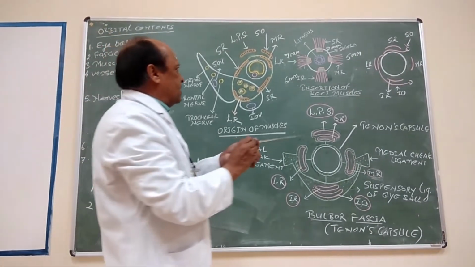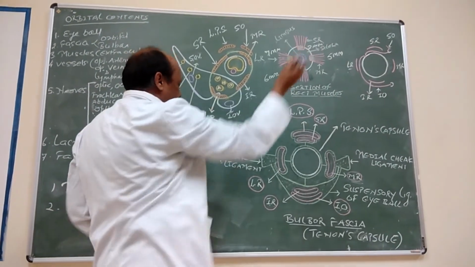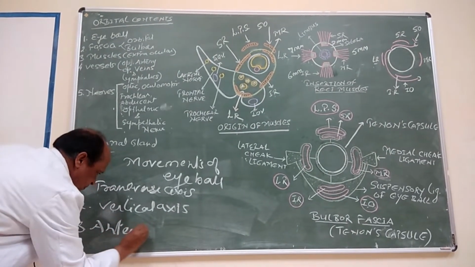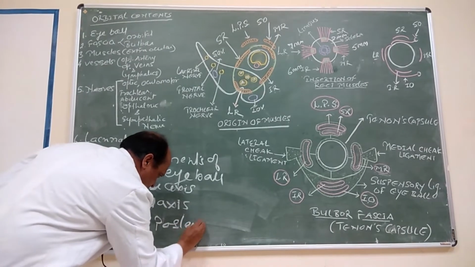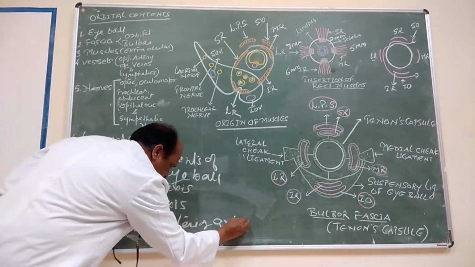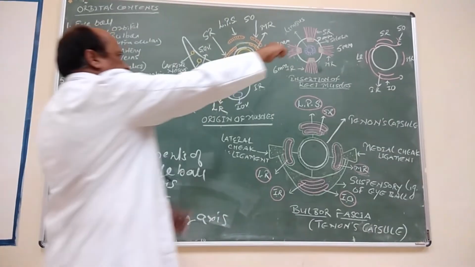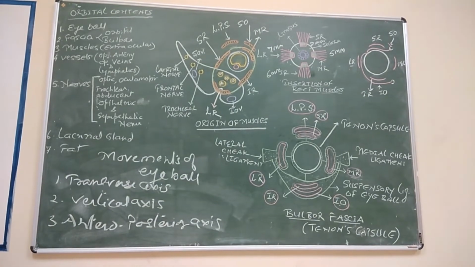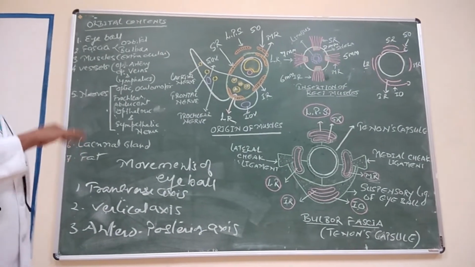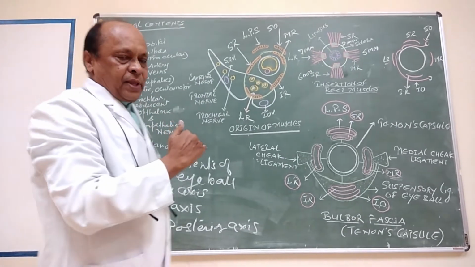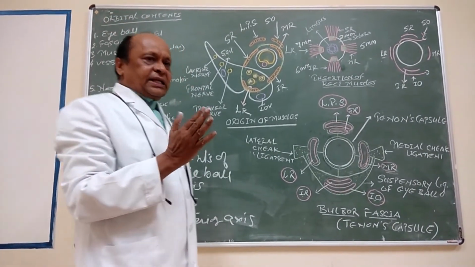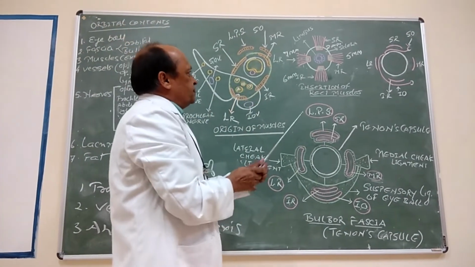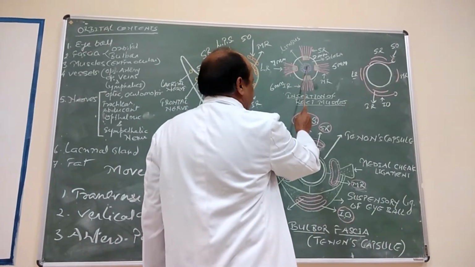Now another movement occurs along the AP axis, anterior-posterior axis. Here it is. And along this anterior-posterior axis, eyeball either in-turns or out-turns. The in-turn and out-turn movements are described in relation to the direction of movement of upper margin of the eyeball.